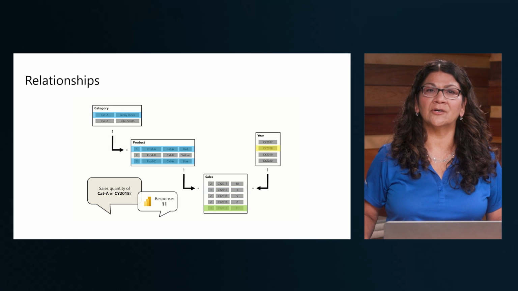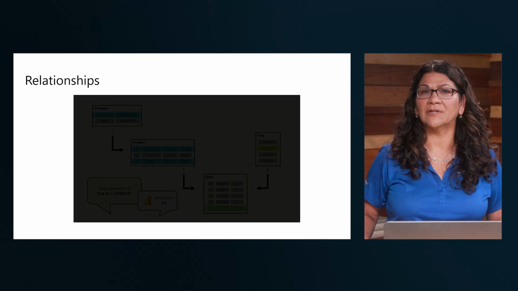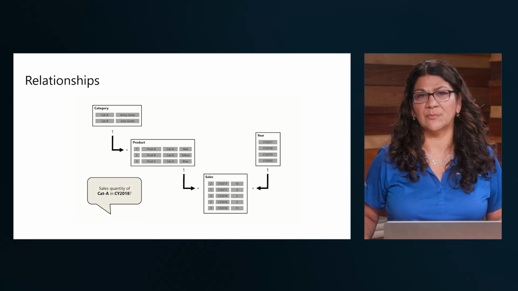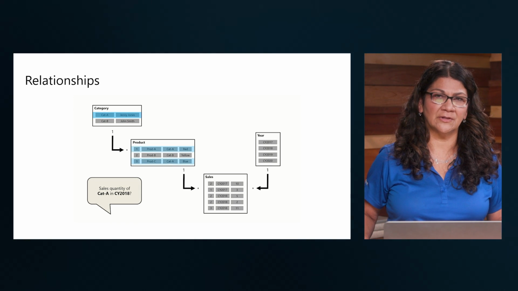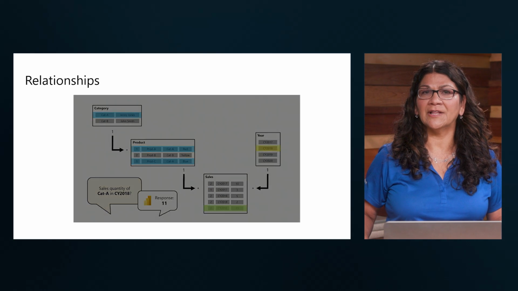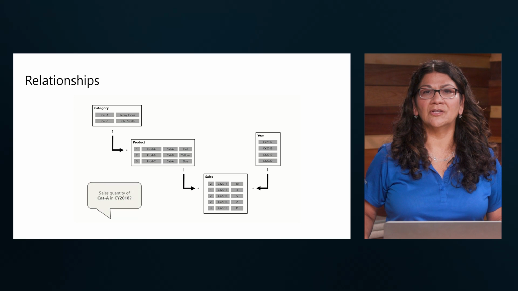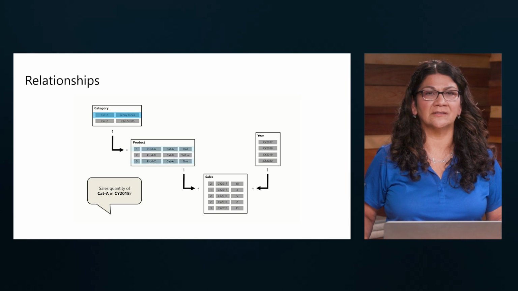Note that it has to go first to the category table, which does not have a direct relationship with the fact sales table, and then query for category A in the products table to filter for products A and C. Then the year table has to filter the sales table, looking for calendar year 2018 in order to produce our result of 11.